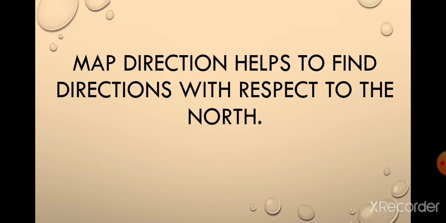Okay. Let us go to the next element of the map. That is map direction. Now, how does the direction help? It helps us to find the direction with respect to north. Whichever map you take, you will see every map has a direction. Just have a look.